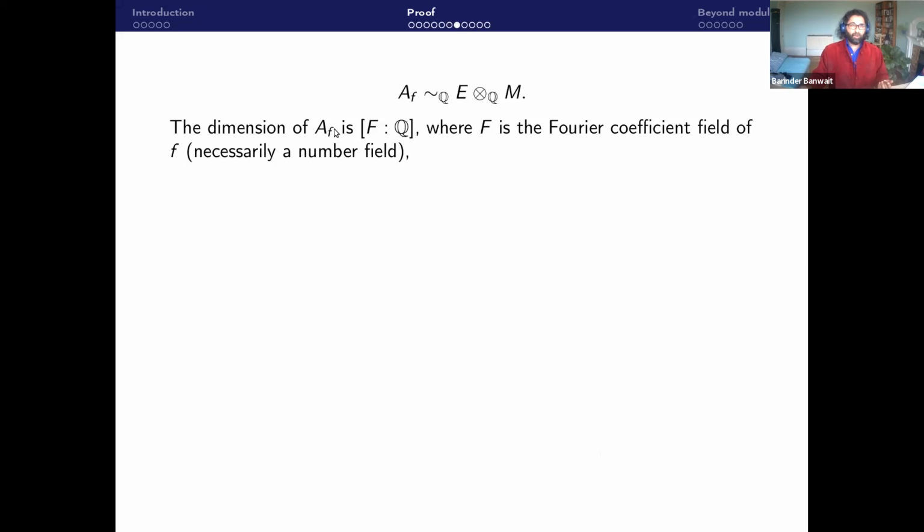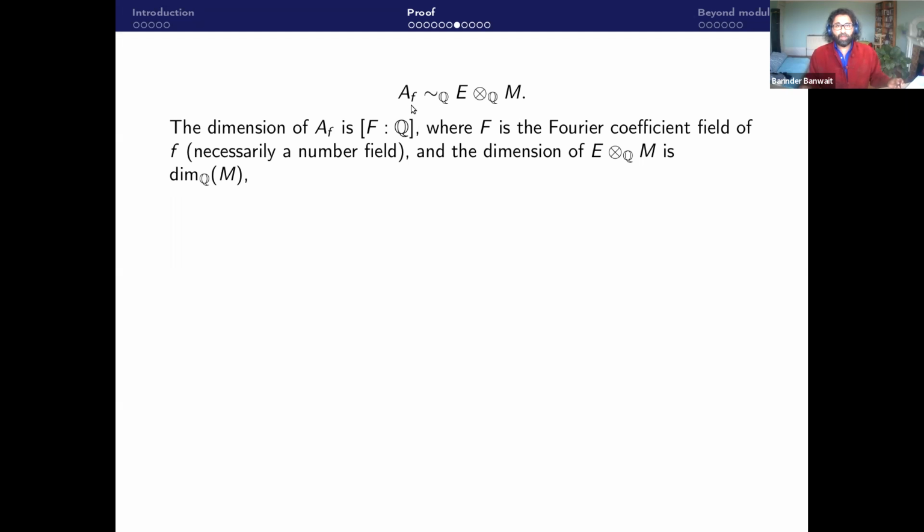Yeah, so I was saying this in answer to, I think, Professor Prasad's question. The dimension of this E tensor M is the dimension of E times the dimension of M as a Q vector space. But the dimension of E is 1, so it's just this.